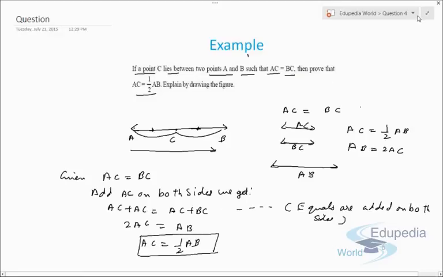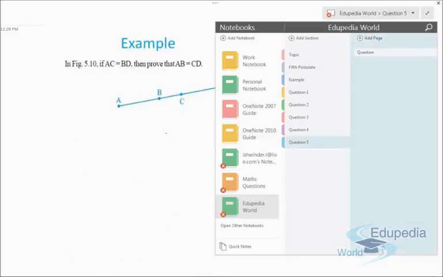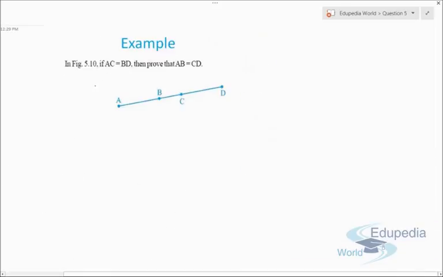Now let's move on to the next question, question number 5. The question says that if AC equals BD, then we have to prove that AB is equal to CD. So it's a very interesting question, so watch it very carefully. We are given AC equals BD. Then we can write AC as AB plus BC.